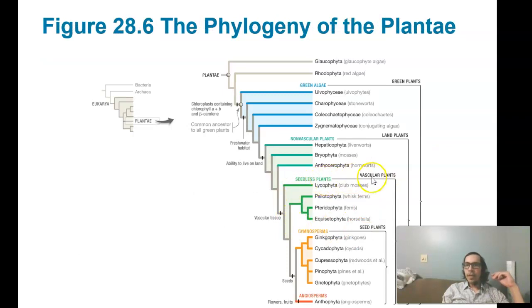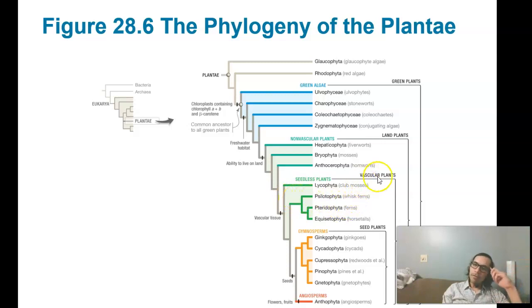Okay, the seedless vascular plants are a paraphyletic group because if you look at the lineages, they don't all come from one common ancestor. Lycophyta has a different common ancestor than these three, the ferns, horsetails, and whisk ferns. Okay, so because they don't all come from the same common ancestor, they're considered paraphyletic.